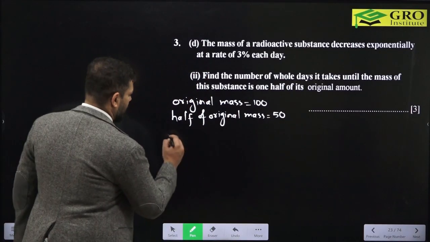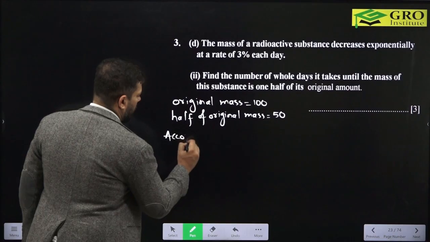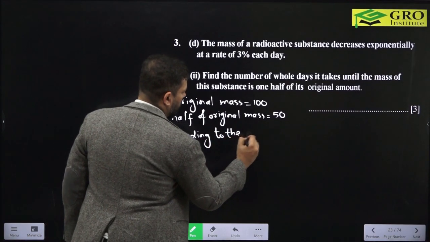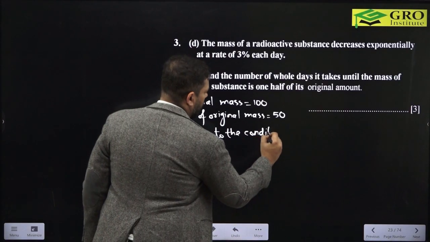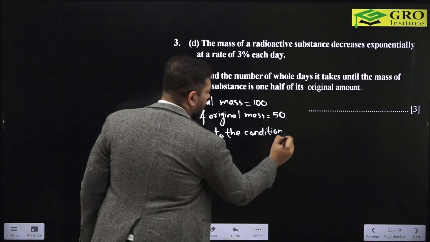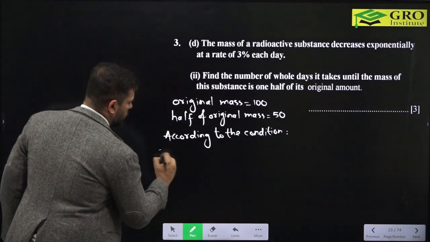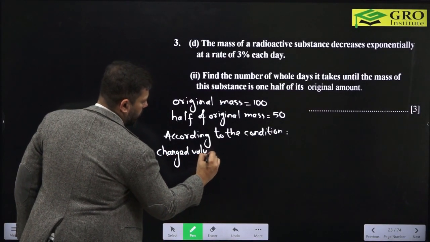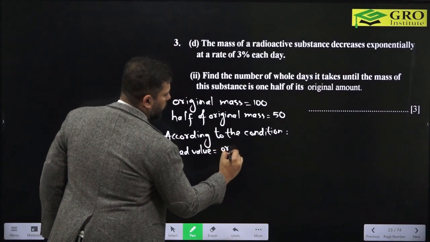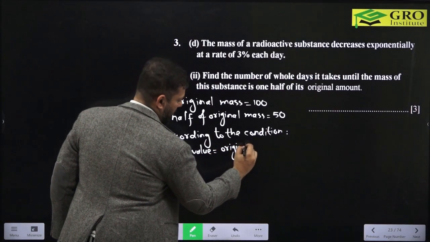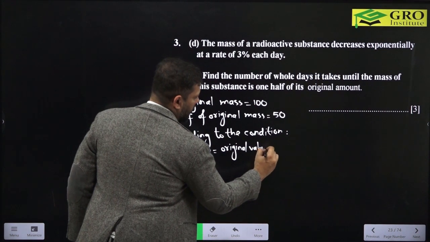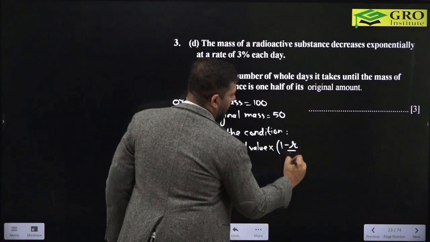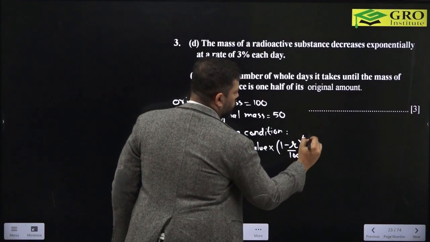So let us quickly write it. According to the condition, what is the condition over here, guys? Let us write changed value is equal to original value or mass in this case multiplied with (1 minus r upon 100) raised to power t.